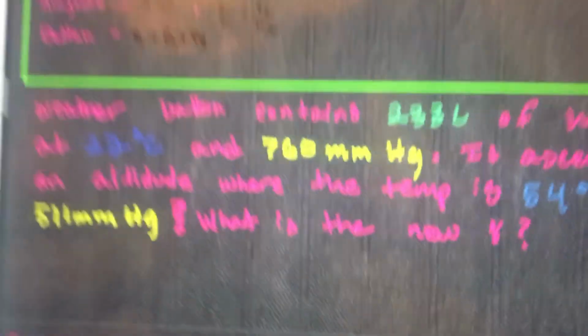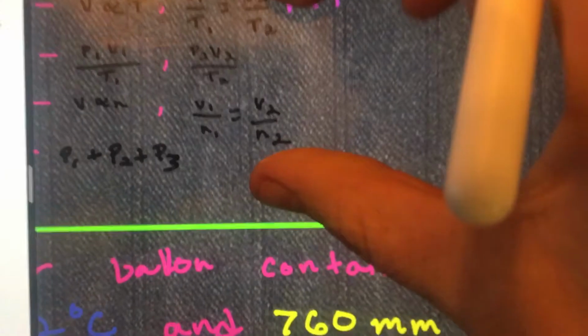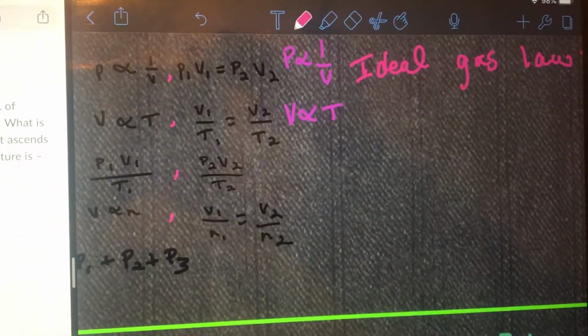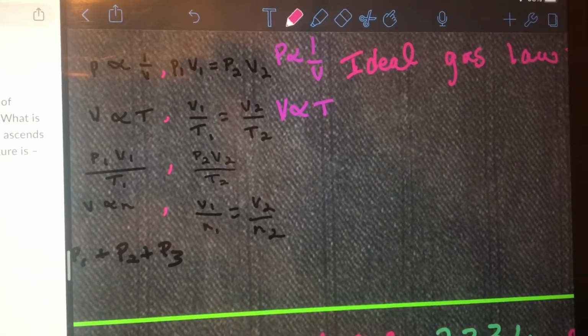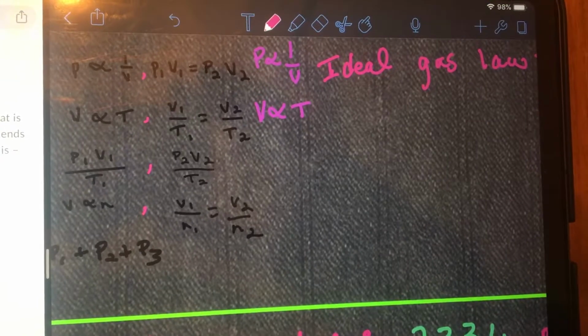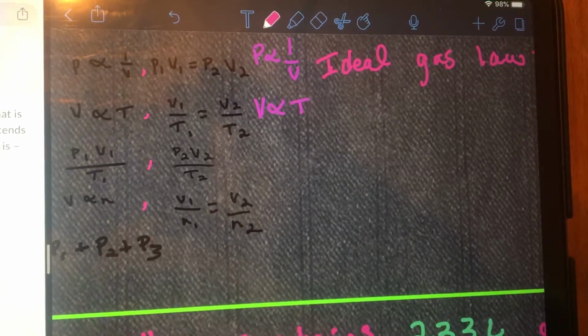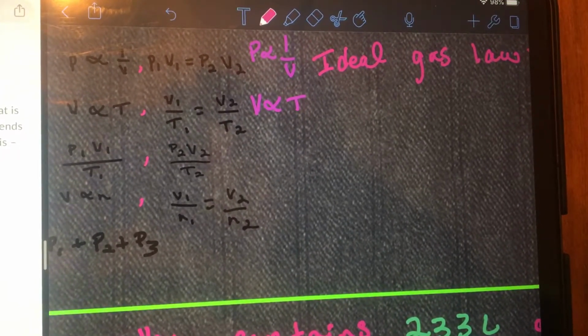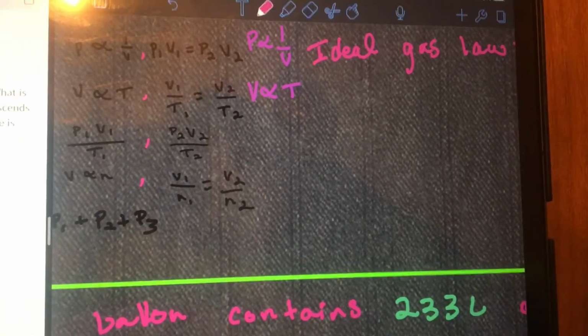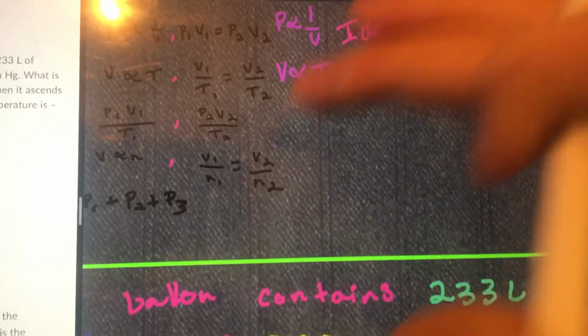Knowing that we're dealing with temperature, there's only a certain number of things we can do, and we have not only volume, but temperature and pressure as well. So that rules out Charles.